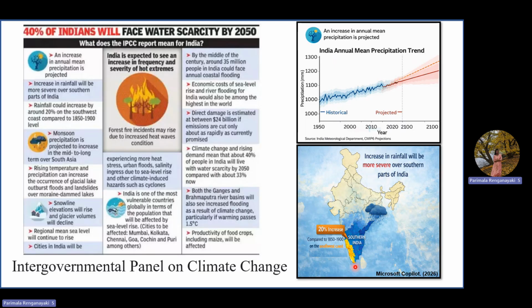So in the entire India, we may expect a high amount of flooding, and sometimes there may not be rainfall for a longer period, which may cause drought also. India is expected to see an increase in frequency and severity of hot extremes. Whenever it may rain, we are expecting more flooding, or sometimes extreme hot climate is also expected.